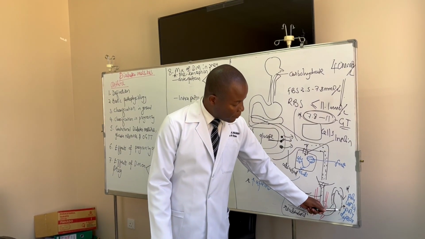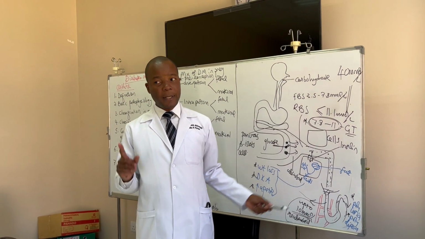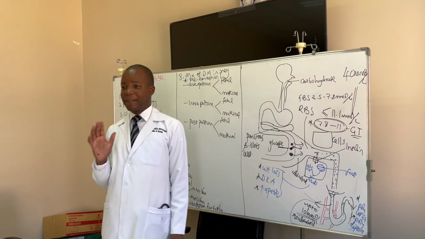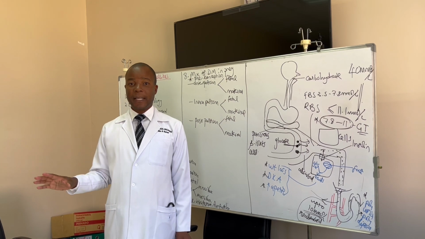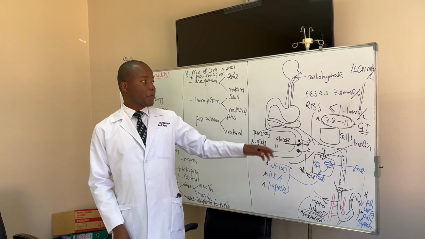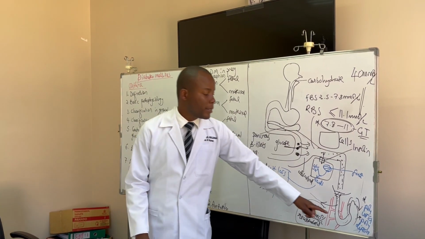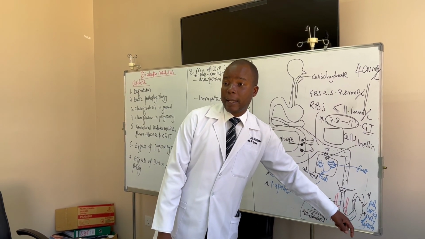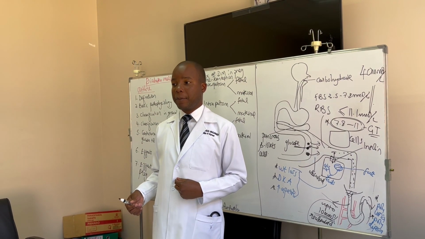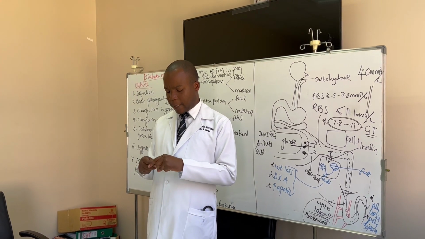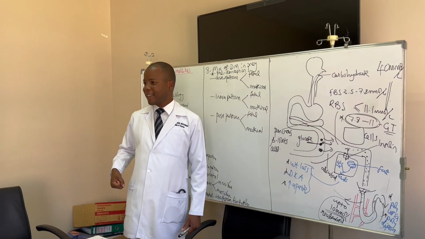But at the same time, there will be sensors that will go up to the hypothalamus, which will detect that water is being lost, and it will increase the thirst center, and somebody will be passing a lot of urine while at the same time being very thirsty. In fact, one way in which you can capture a diabetic is somebody moving with a 5-liter container of water like this.